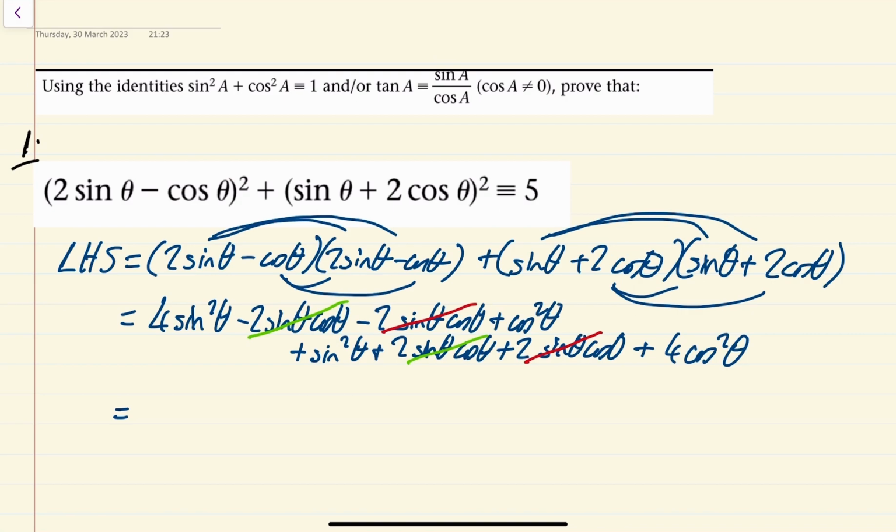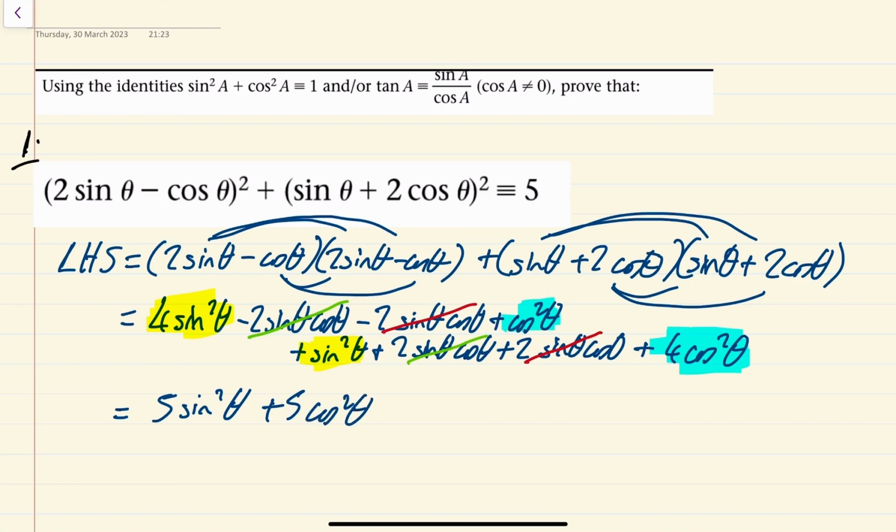And then what we also have, and I'll just highlight these ones, we've got 4 sine squared theta, and we have another positive 1 sine squared theta, so that's a total of 5 sine squared theta. And then in the blue, we've got cos squared theta, and we've got 4 cos squared theta, so that's a total of 5 cos squared theta.